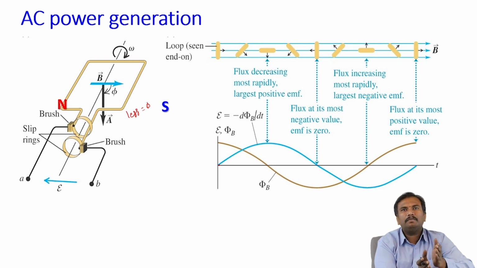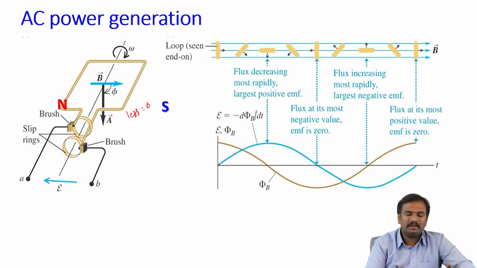When it is turned by 30 degrees, the flux cutting will increase, so the EMF will increase.